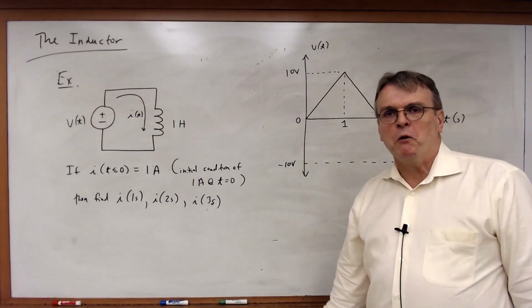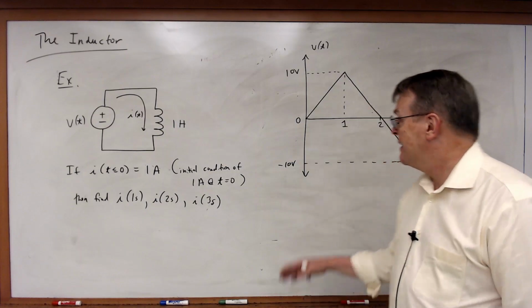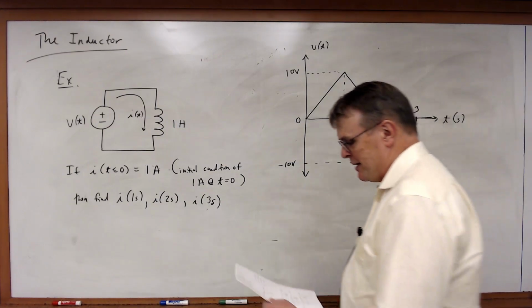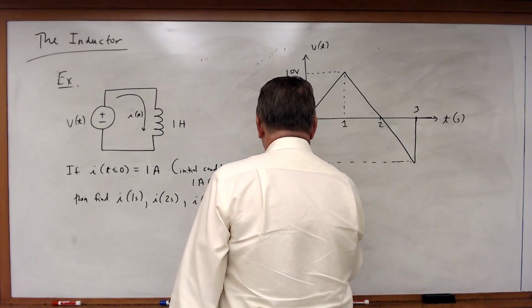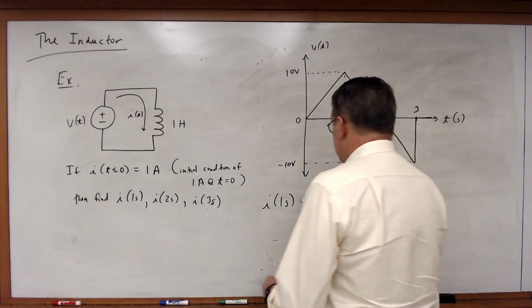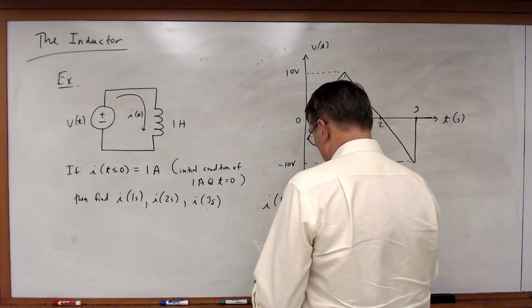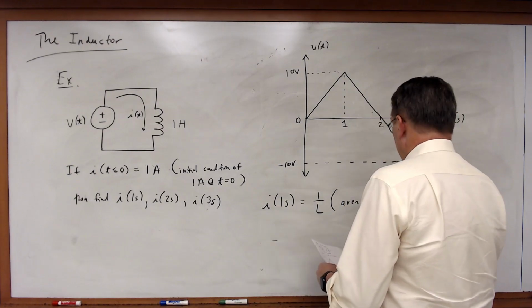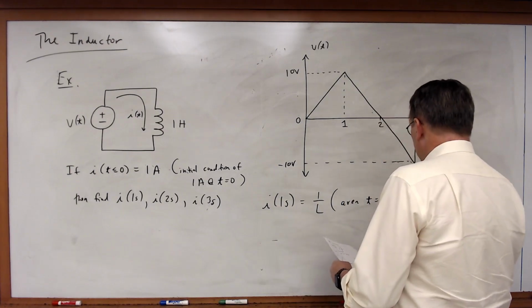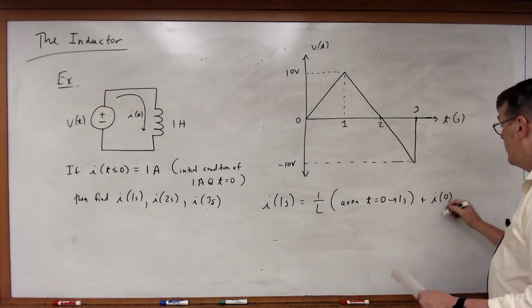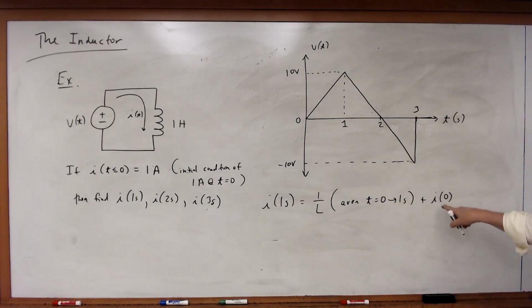The way you learned in calculus is that the integral is just the area under the curve. So I like to just sort of illustrate this here. So the current at 1 second is just going to be equal to 1 over L times the area from t equals 0 to 1 second, plus the current at time t equals 0, our initial condition.